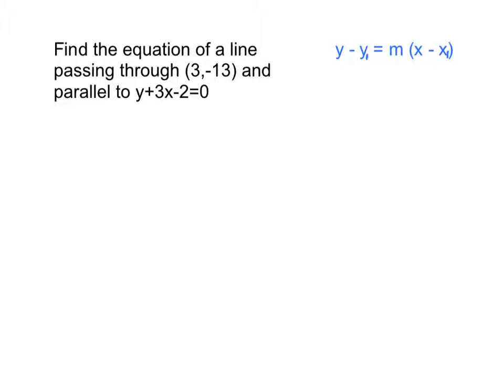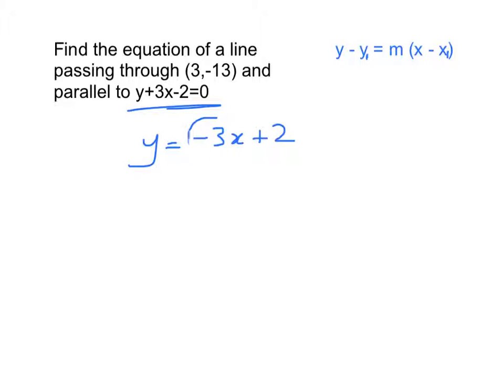And last example. Here we are given a point, and we are told that it's parallel, the line, we want to find the equation of the line, and it's parallel to this one here. So let's rearrange this to y equals -3x plus 2.